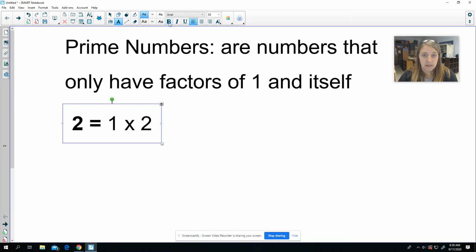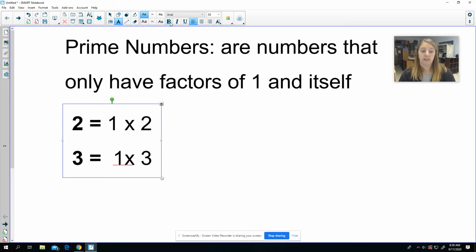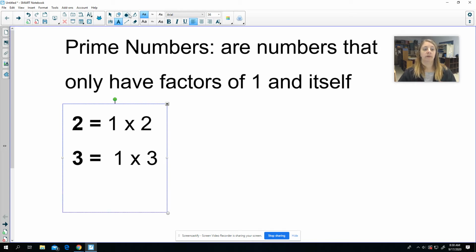There's nothing else that we can multiply together with whole numbers that would make the product of 2. So then we can continue going through the list. 3. 3 again, the only 2 factors that create 3 is 1 times 3. Nothing else.